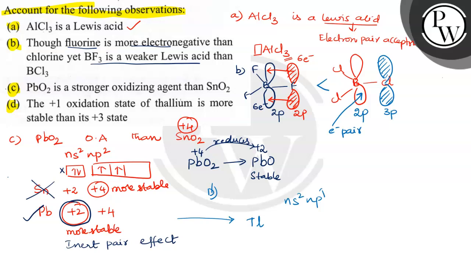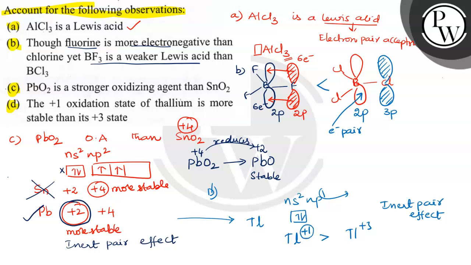So it readily shows +1 oxidation state by losing the p electron, and s electrons tend to pair up and do not involve in the bond formation. So thallium readily shows Tl +1 rather than Tl +3. The reason is the inert pair effect. So the inert pair effect is the reason that thallium +1 oxidation state is more stable than thallium +3.